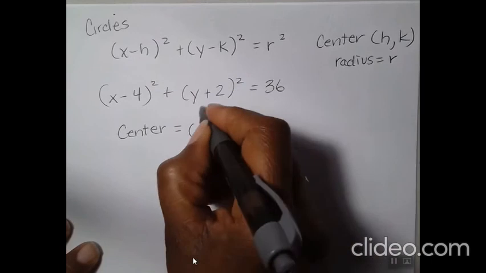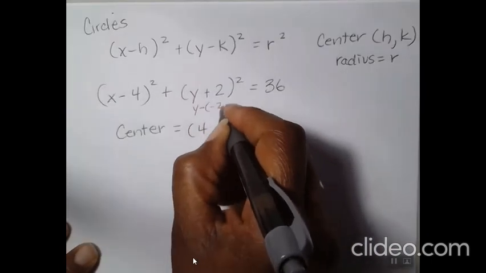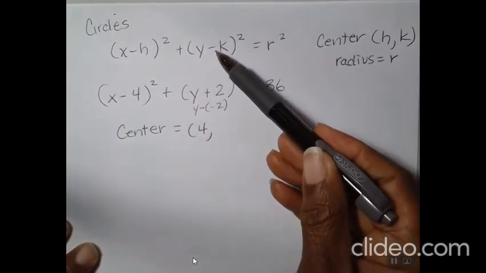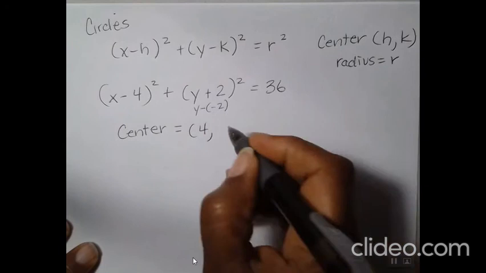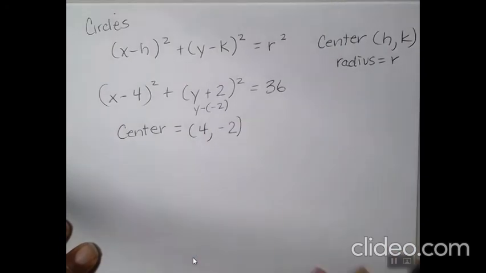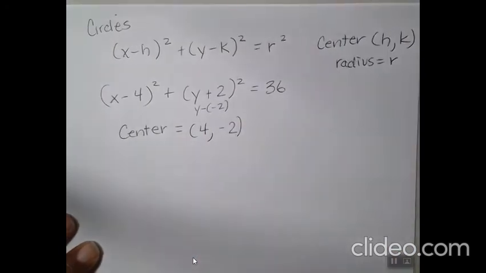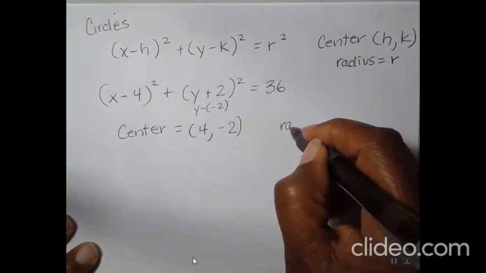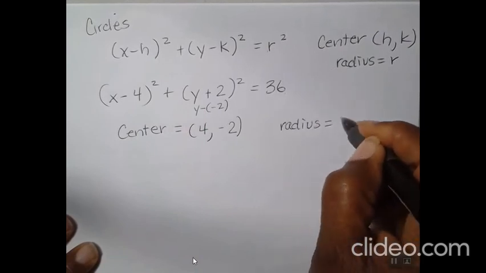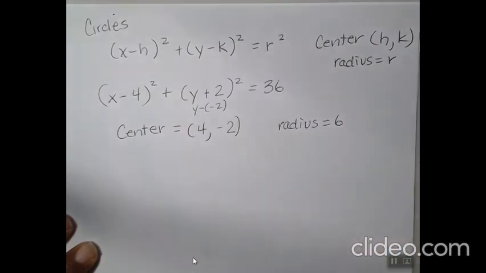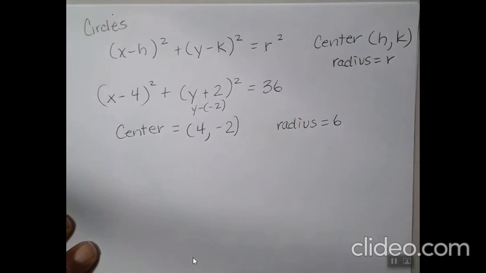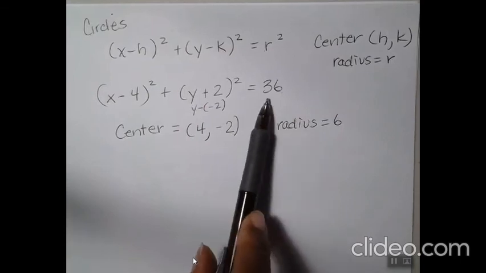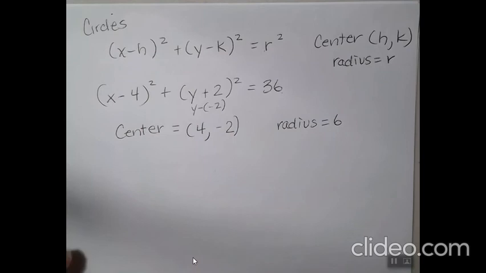This is the same as y minus a negative 2, because the formula is y and the minus sign. So the y value of the center is -2. And r is the square root of 36, so the radius equals 6. Based on what the formula tells us, the center here is (4, -2) with a radius of 6.